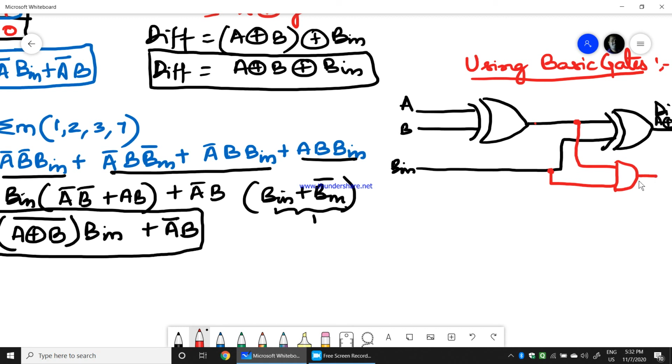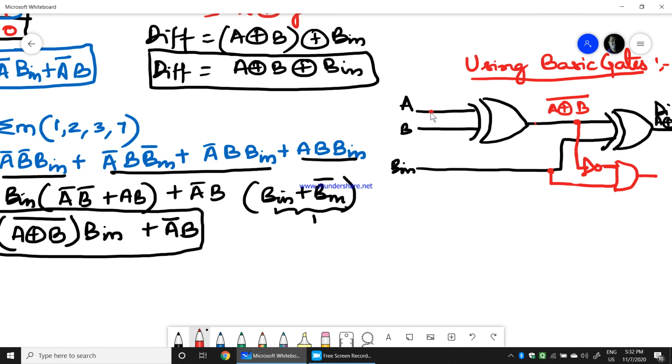I need a NOT gate here, so that gives me A XOR B the whole bar, multiplied by B in, which is one output of the AND gate.